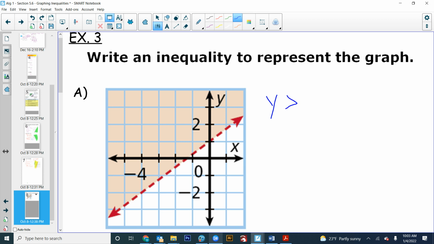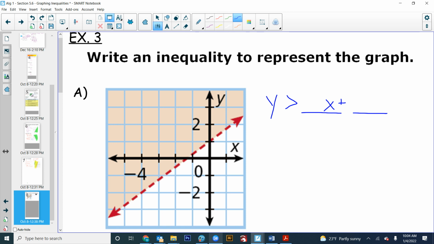Y is greater than. And then the next part is just like we write any old line. We need a slope, we need a y-intercept. Mary, what's my y-intercept? Where does this dashed line cross the y-axis?